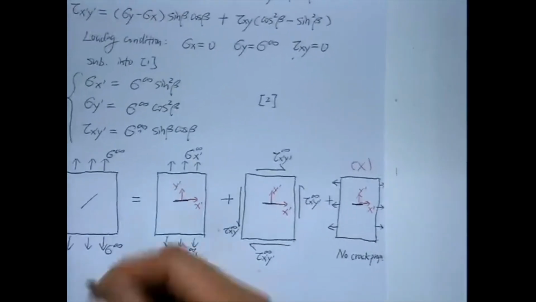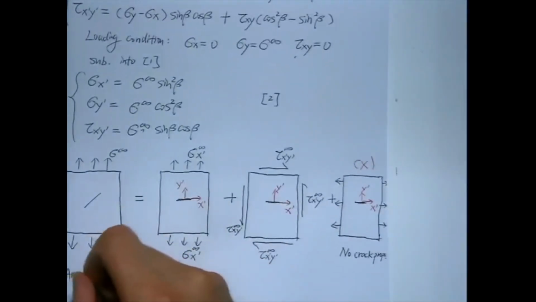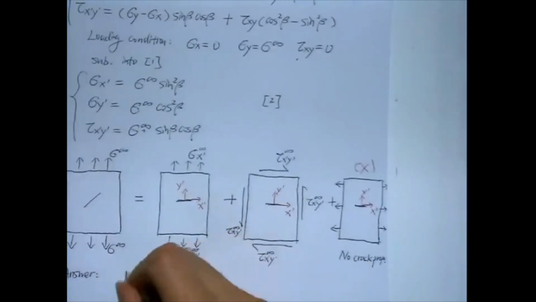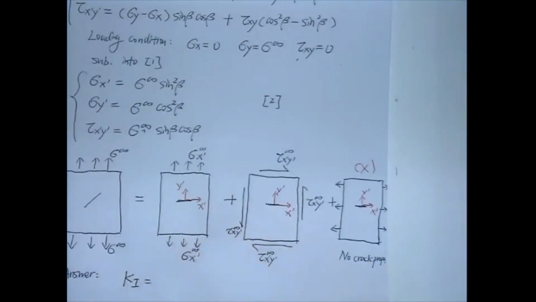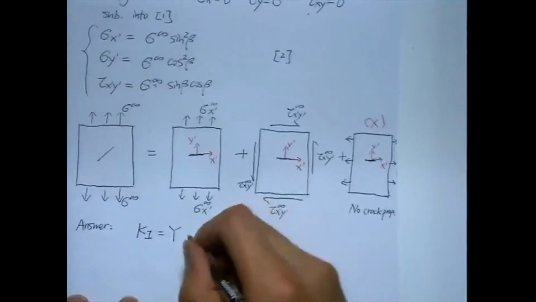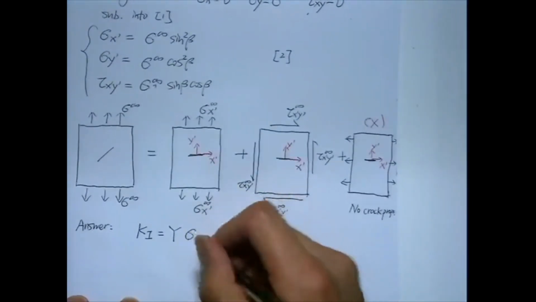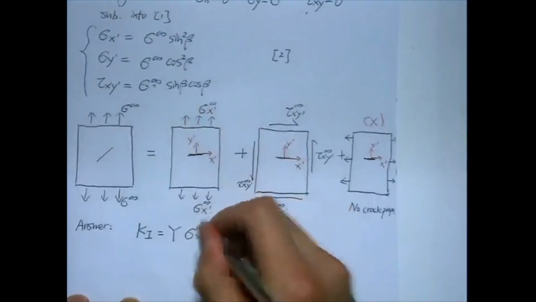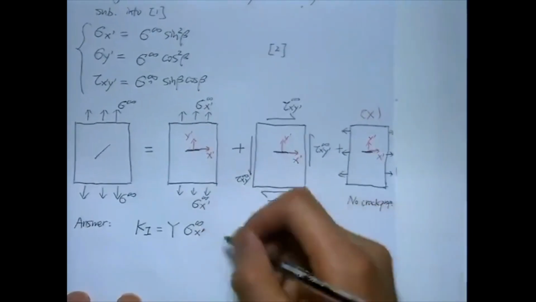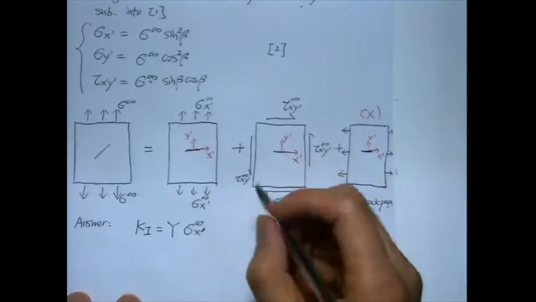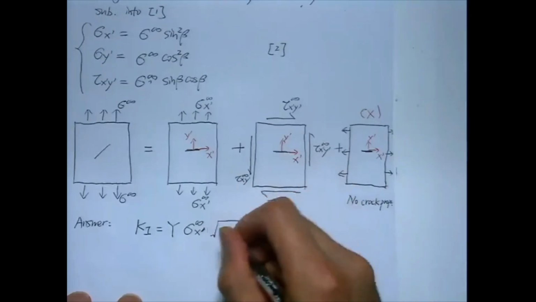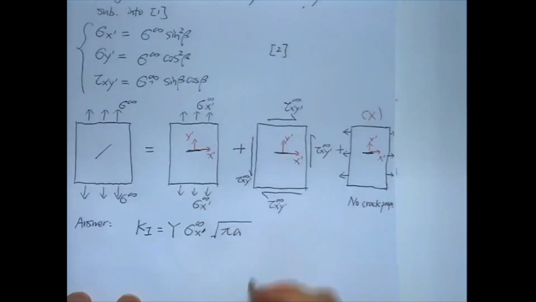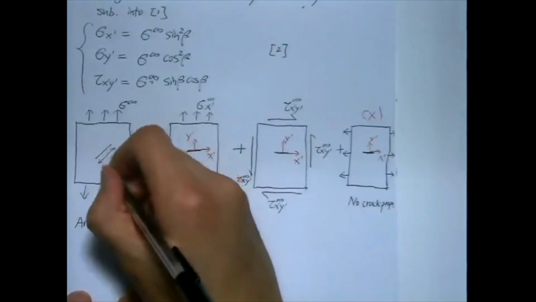So now the answer for K1. K1 in this case is, we have a Y correction factor. It doesn't matter what the value for that is. Now just look at this case, remote stress, but in the transformed coordinate system, root pi a. This is still 2a.